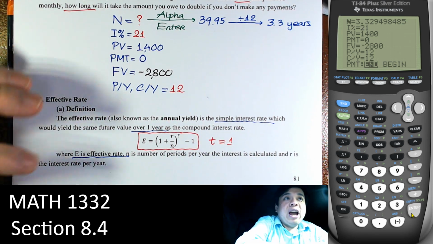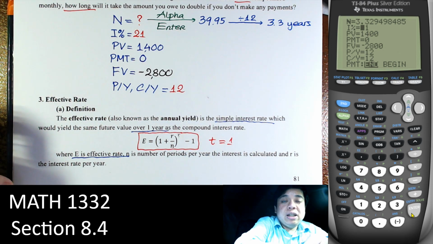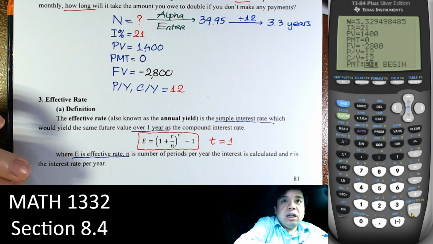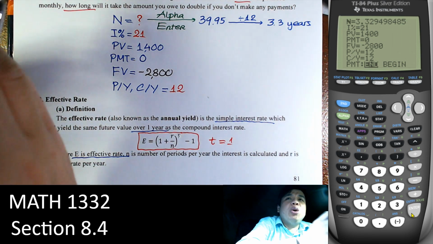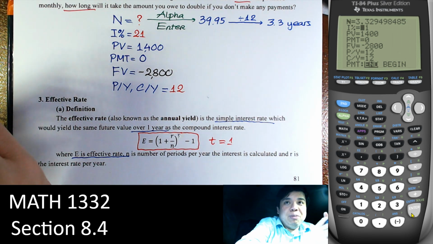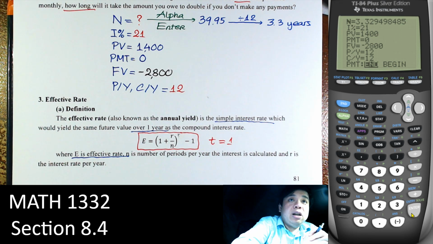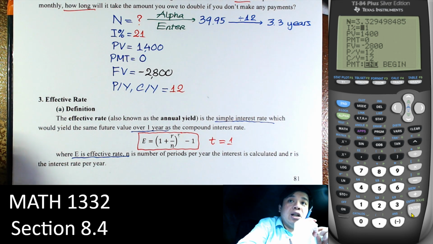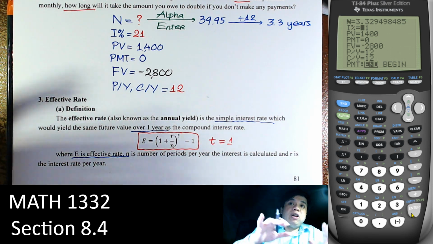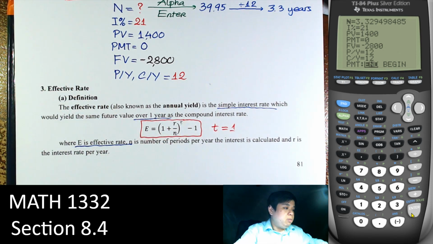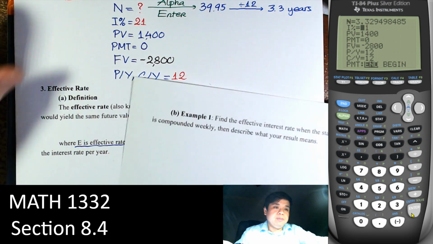Let's say we have a 21% interest rate compounded monthly. We ask, what is the equivalent if it is a simple interest for 1 year? That is the effective rate: the simple interest rate for 1 year equivalent to the compound interest in 1 year. Let's look at some examples.